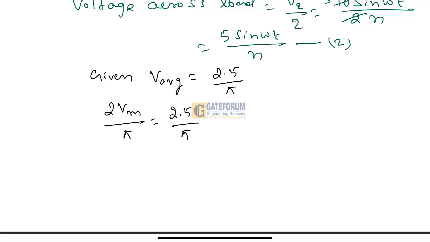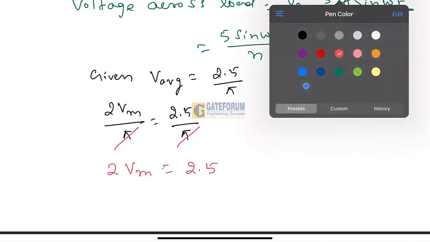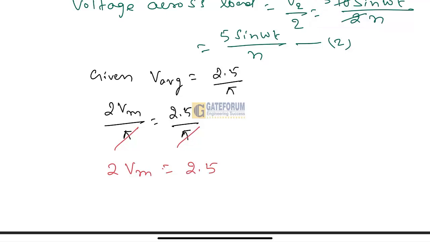So pi and pi cancel, and we get 2 Vm equal to 2.5. The voltage across the load is 5 sine omega t by n, so the peak value is 5 by n. Substituting the peak value, 2 into 5 by n is equal to 2.5.